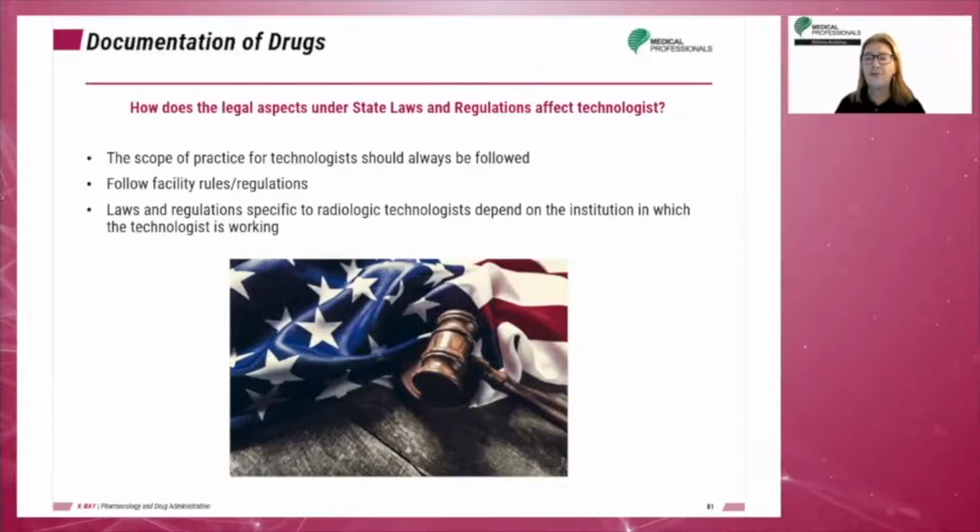Failure to perform to a standard of care may result in a charge of negligence. The American College of Radiology, or ACR, allows for the injection of contrast media by licensed and certified technologists under the orders of a radiologist, provided that it is within the law of the state in which the technologist practices.